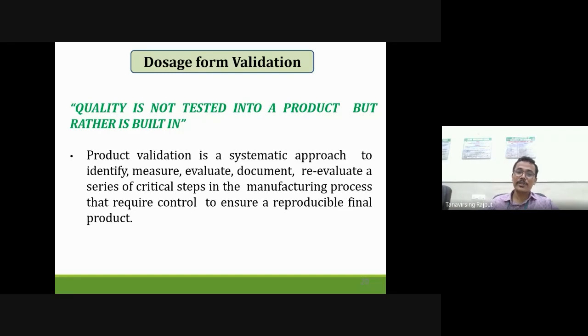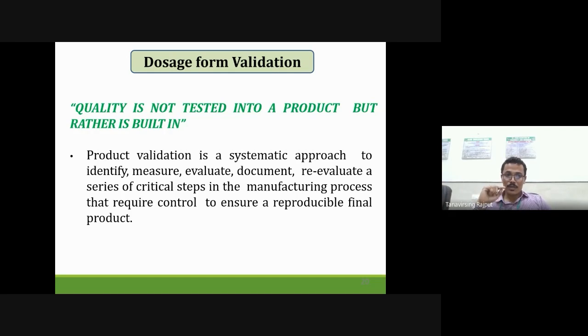So product validation is a systematic approach to identify, measure, evaluate, document, and reevaluate a series of critical steps in the manufacturing process that require control to ensure a reproducible final product.